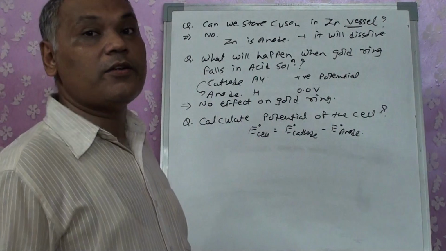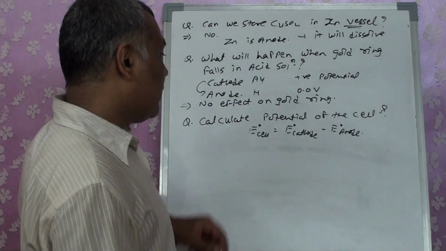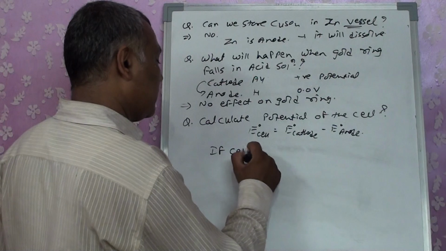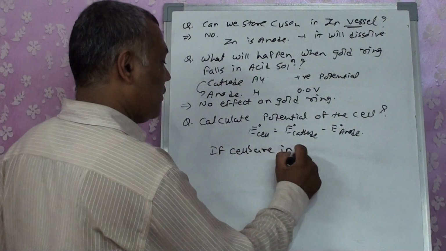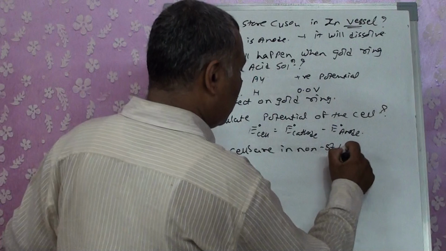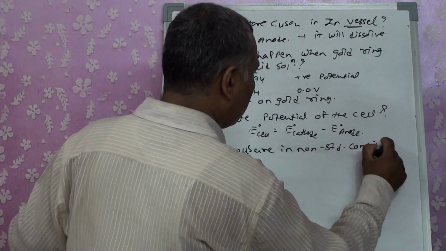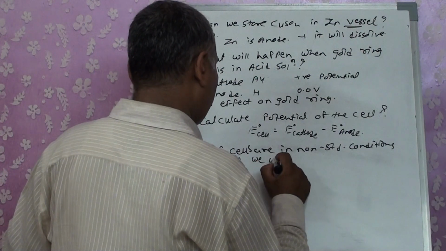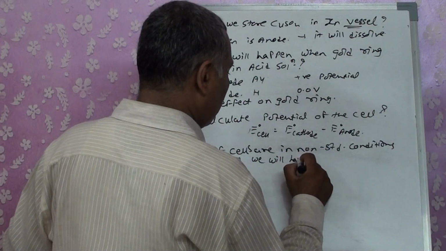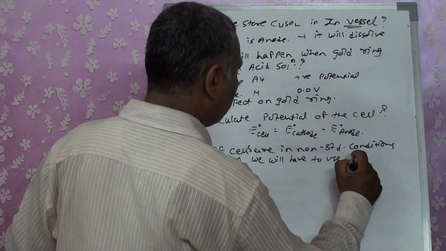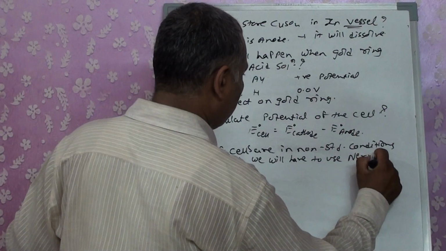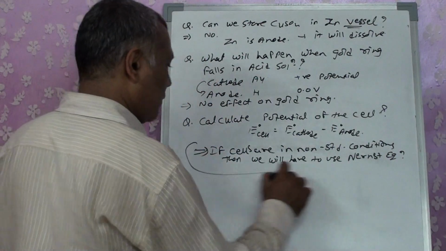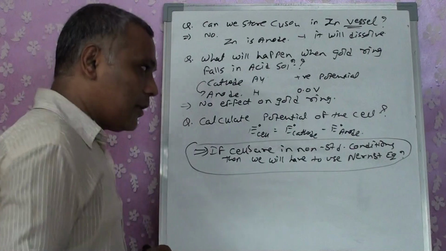If cells are in non-standard conditions, then we will have to use the Nernst equation, which is different.